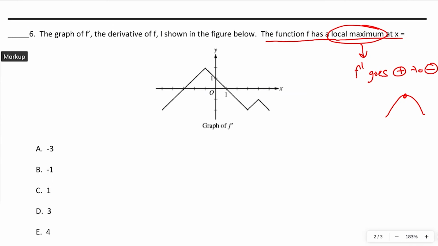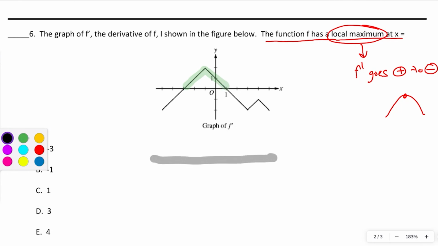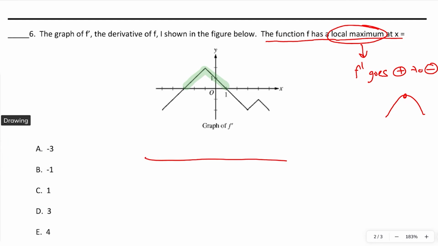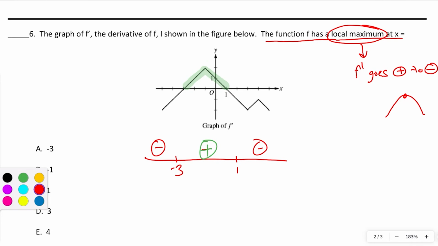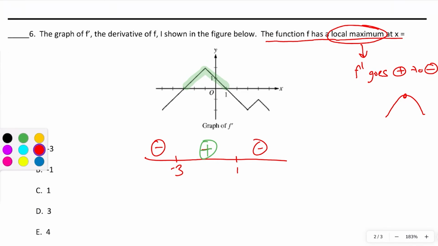If I look at this graph, and this is the graph of f prime, this interval from negative 3 to 1 is positive. So if I create a number line here like I've been doing for all the other problems, in between negative 3 and 1, the derivative is positive. And for these other intervals, the derivative is negative because it's below the x-axis.